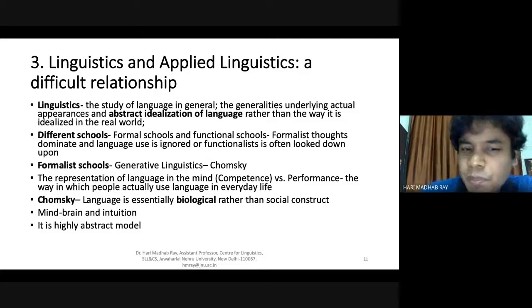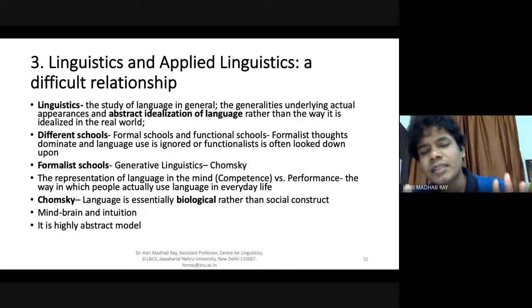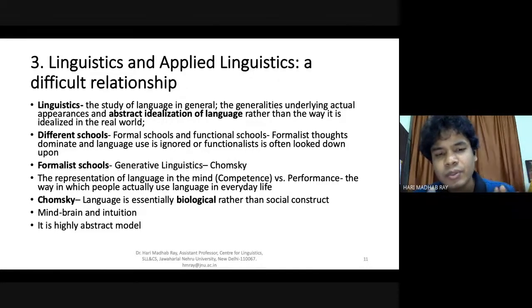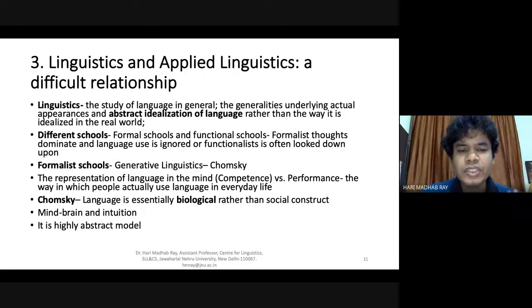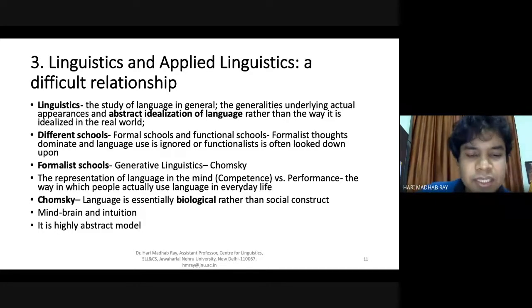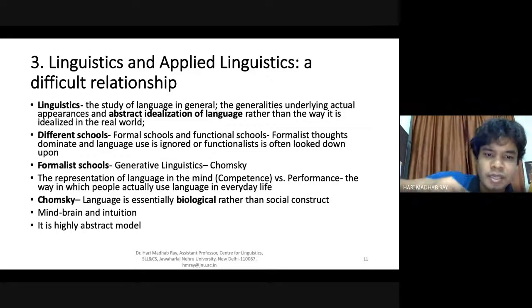They give too much importance to intuition, and on the basis of that they try to come up with a grammatical model which is totally abstract. If you read Syntactic Structures, the standard theory, the extended standard theory, principles and parameters, the minimalist program and all the other things, what is happening?